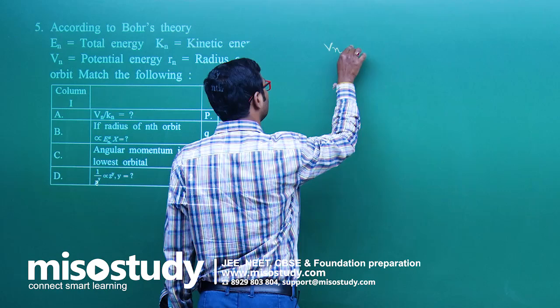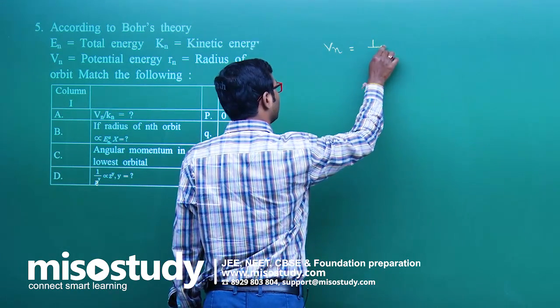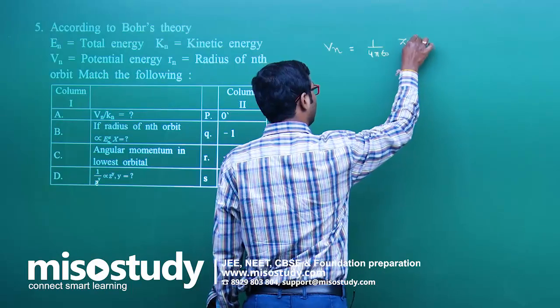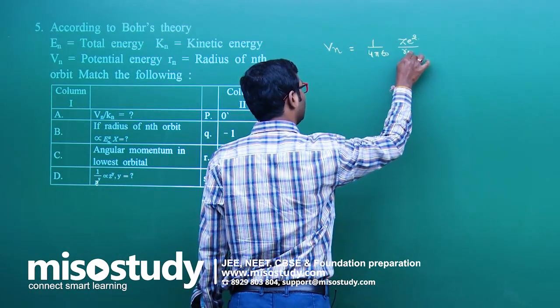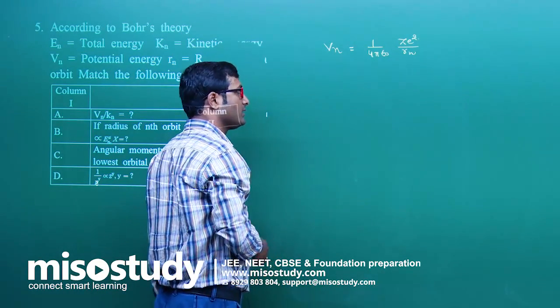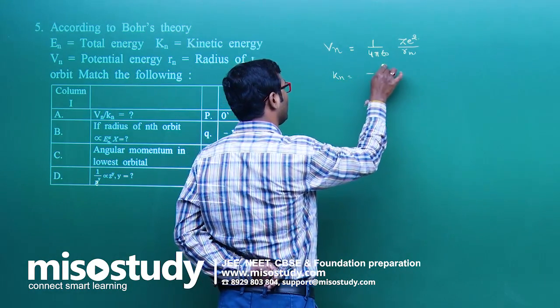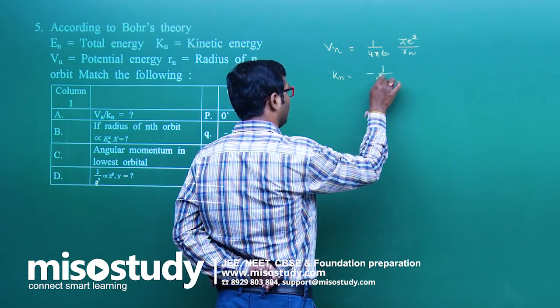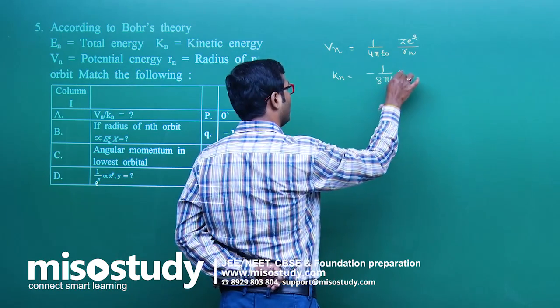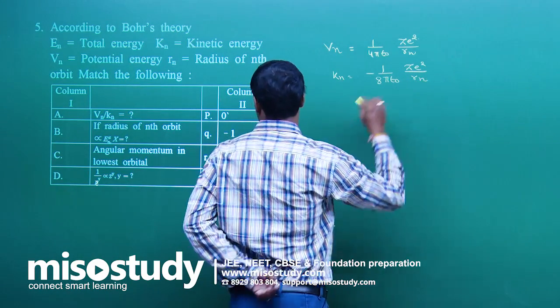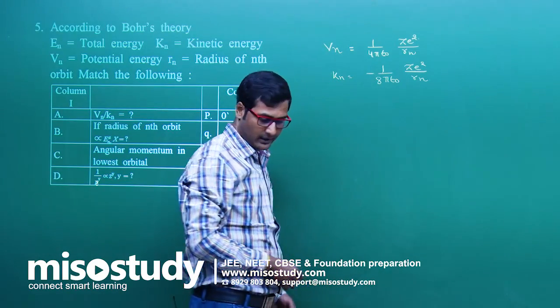We know the formula of Vn, that we can write like this: minus 1 by 4 pi epsilon naught Ze square upon Rn. Can I write? Then Kn is equal to, we know, 1 by 8 pi epsilon naught Ze square upon Rn. Definitely we can write.